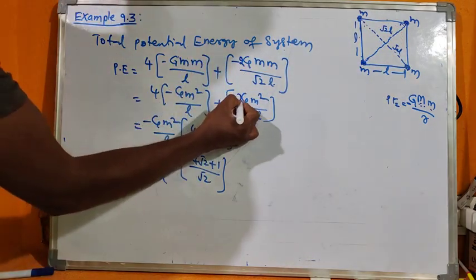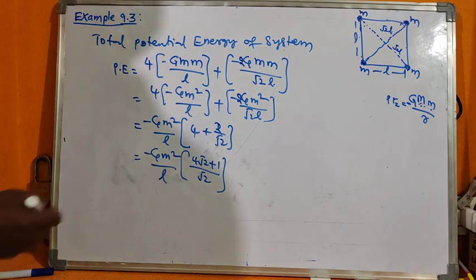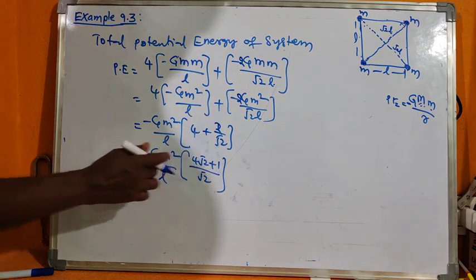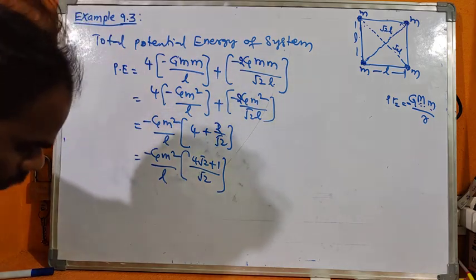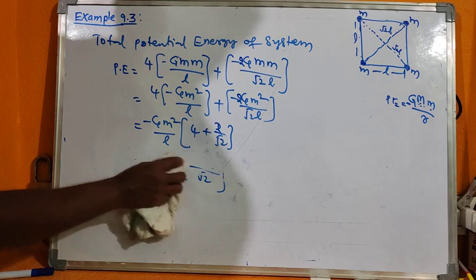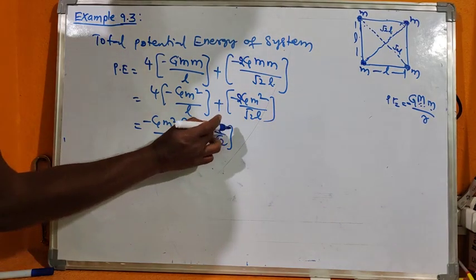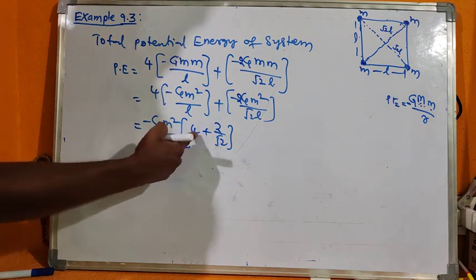So then it is equal to 2, and here we also have a 2. Then from this 2 and this 2 we can take the common factor, so it will be like this. Here we have 2 by root 2, and this is 4.